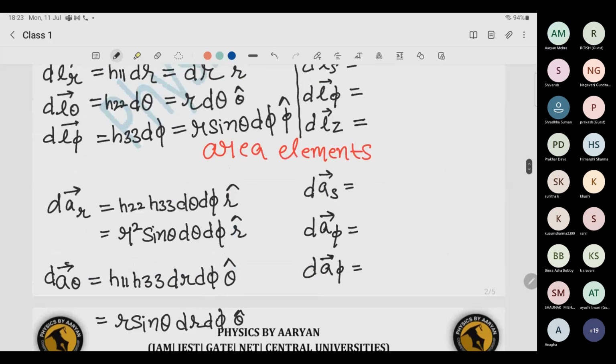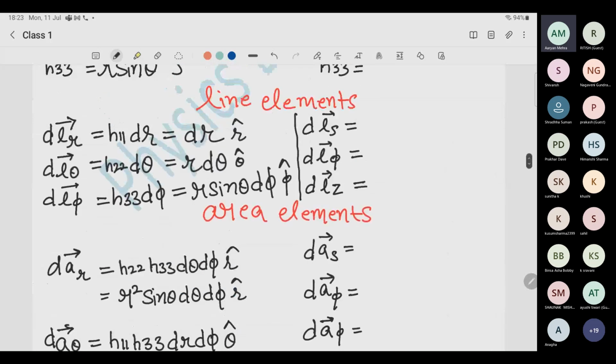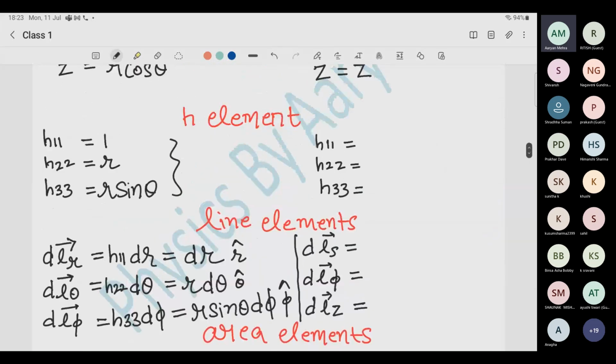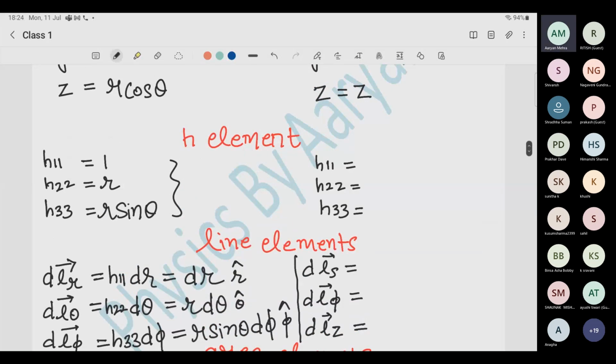Okay, very nice. Now coming to the cylindrical polar coordinate system. If you know the h elements, you can make the entire line elements and area elements by yourself. The only thing you need to remember is the h elements. Remember h11 corresponds to r, h22 corresponds to theta and h33 corresponds to phi. You do not change the order.